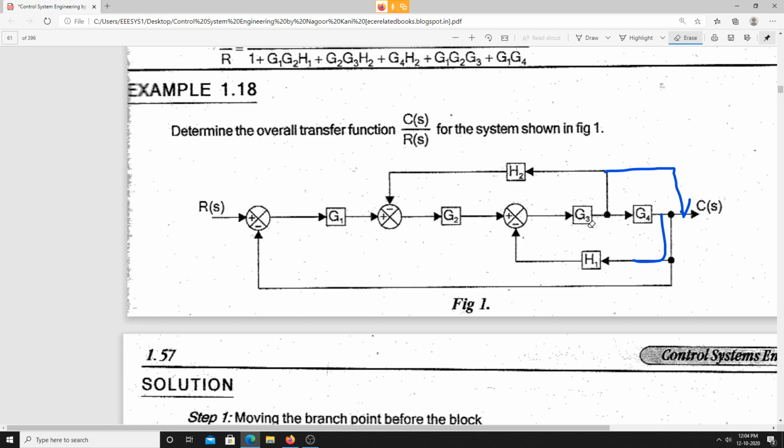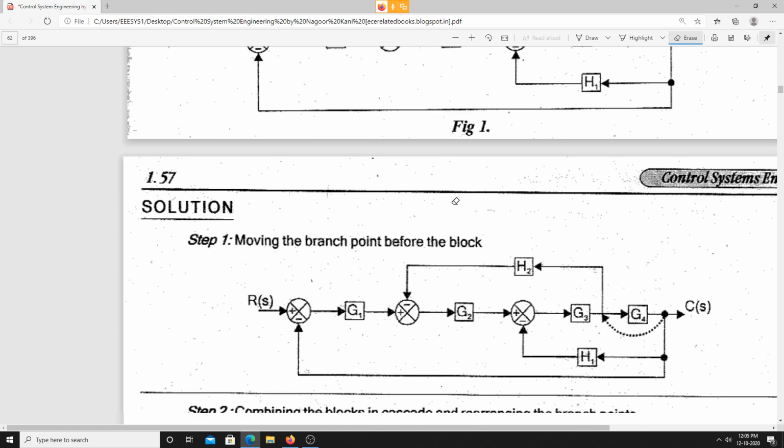Please everyone do this. So first of all, this branch point I am shifting over here. Is it clear?